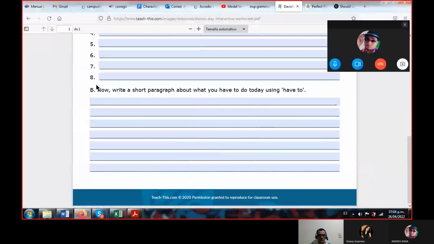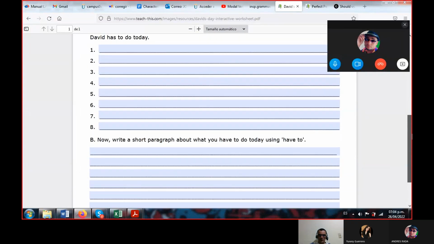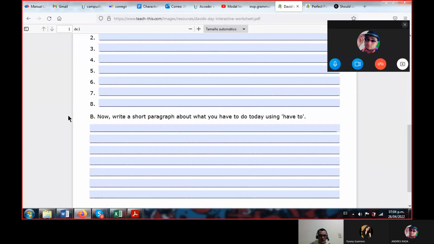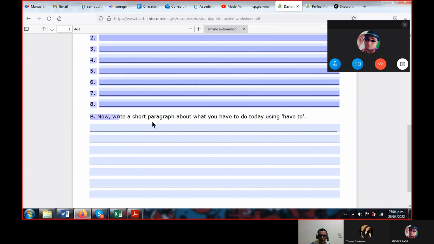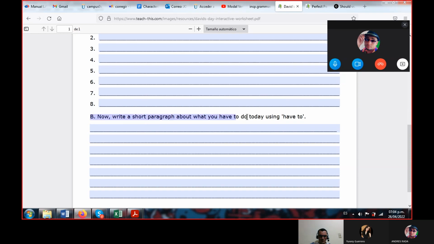Please open it in your laptop, in your computer, and please solve point B. Only this point. Write a short paragraph about what you have to do today using have to.